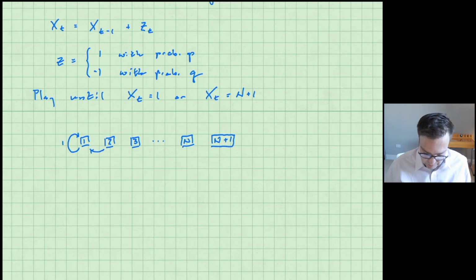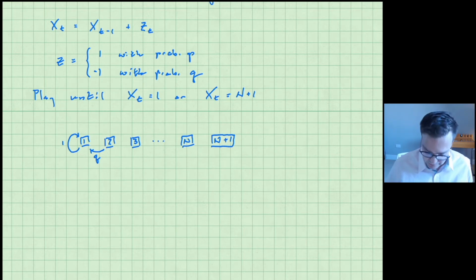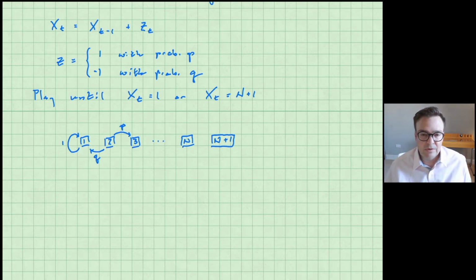There's a probability of Q for going from state 2 to state 1. So state 2 is where A has just got 1 token left. And should they lose, then the game is over and you're in state 1. There's a probability of P for going from state 2 up to state 3. So that's where player A goes from having 1 token up to having 2 tokens.